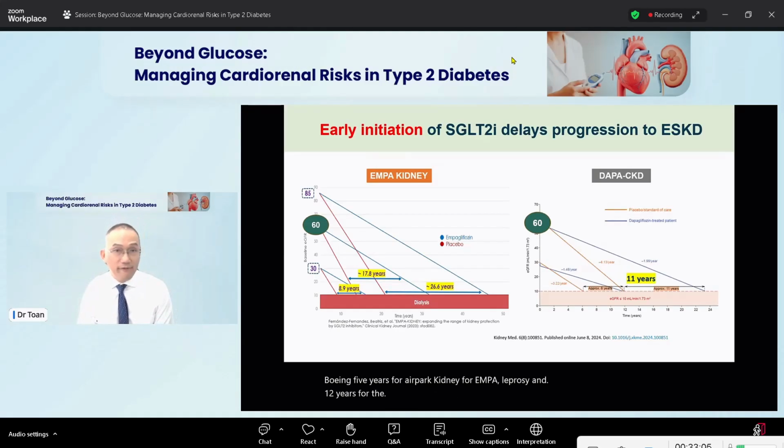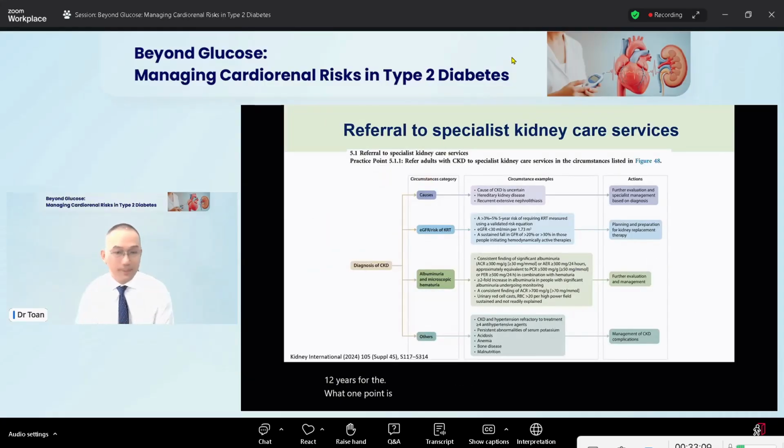But one point is very important: when we refer the patient to the specialist. We should refer the patient to a specialist, as recommended by KDIGO 2024, when the disease progresses rapidly without clear cause and when the patient is in the advanced stage.